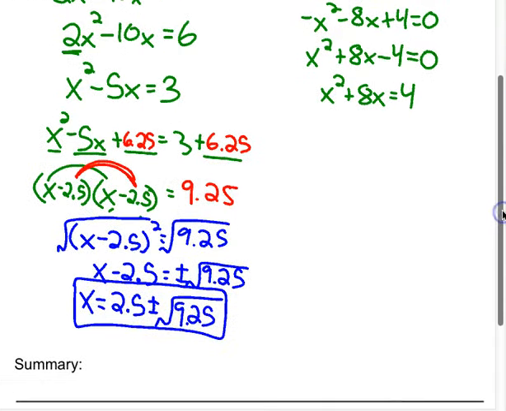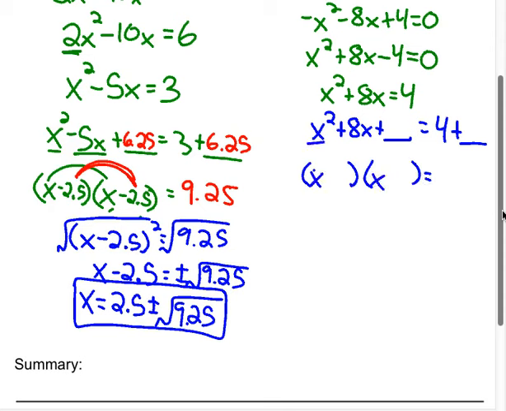So now we're ready for this process, okay? Now we're ready to start figuring out, all right, what can I add to both sides so this thing can factor, okay? So let's take a look at what we can do. So x and x will obviously make that x squared. I've got that connection. This 8x has to split itself up evenly between these two factors, okay?